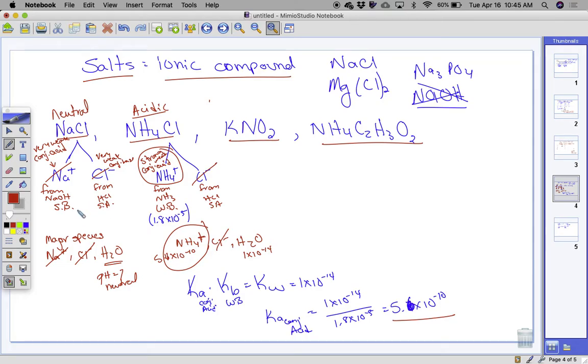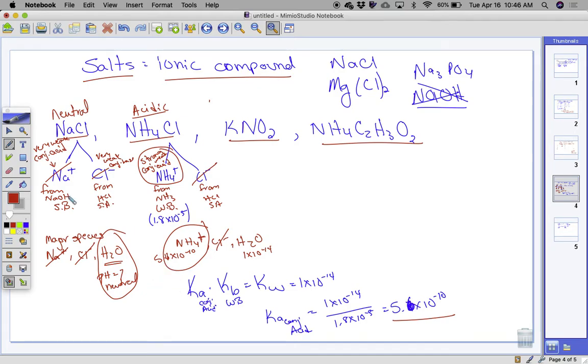But think of them being in the millions and billions and trillions. If I take the 1 times 10 to the negative 14th and divide by that, I still get smaller than 1 times 10 to the negative 14th, right? So the water ends up dictating the pH. And when you take the H plus concentration from water, it's 1 times 10 to the negative 7th, so the pH is 7, right?